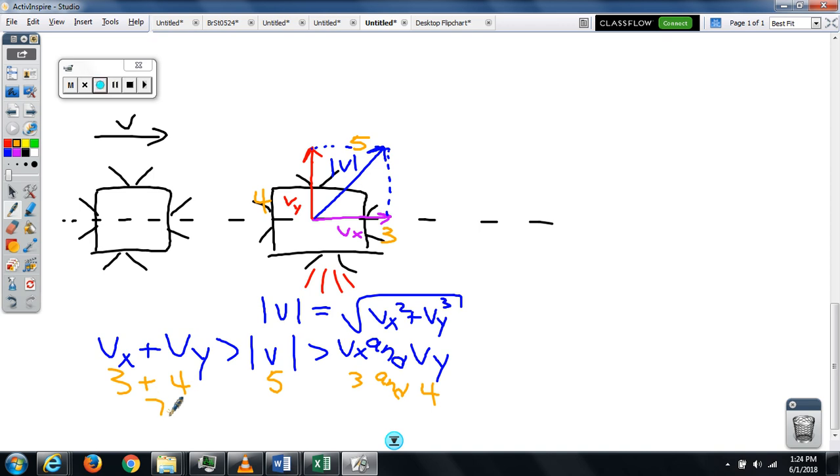Right? Because the 5 came from Pythag. So that's the way the vectors work. So we know that if the object was moving at 3 meters per second to the right and now gained a 4 meters per second speed upward, that its new speed is now 5 meters per second, and that motion remains constant throughout the remaining part of the motion.